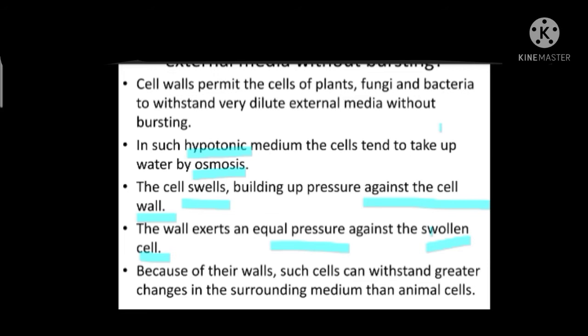Because of the presence of the cell wall only, the cells can withstand much greater changes in the surrounding medium than the animal cell. So plant cells, fungal cells or bacterial cells, because of their cell walls, can withstand much greater changes that occur in the surrounding medium than animal cells.